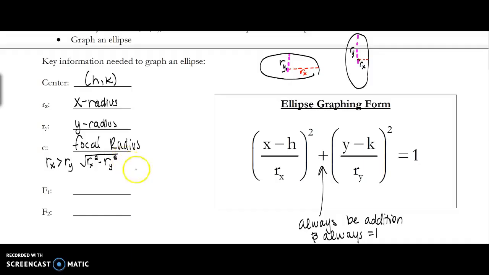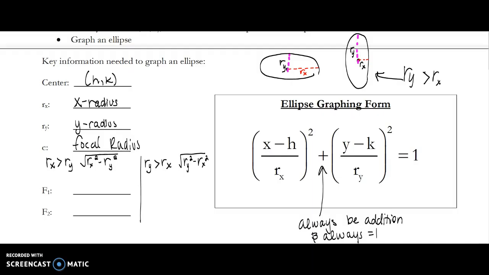Now if our y radius is bigger than our x radius, so this example here, then we're going to do something very similar, but we're going to switch it. We're going to have y radius squared minus x radius squared. So really what this does is it prevents us from having a negative inside the square root.